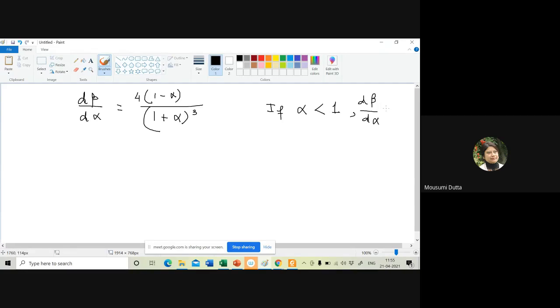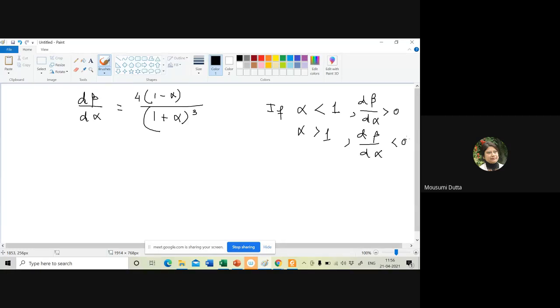If alpha is less than 1? Positive. On the other hand, if alpha is greater than 1, negative. Okay.